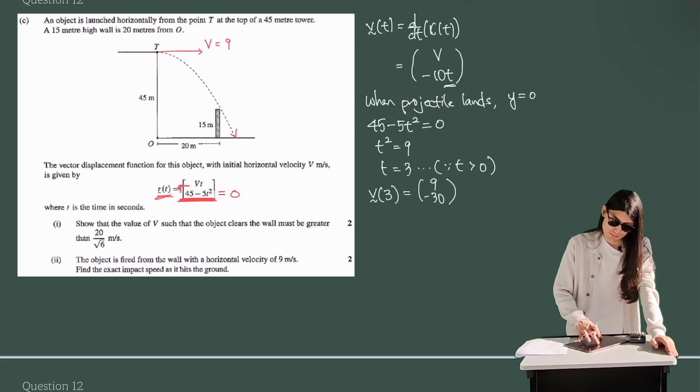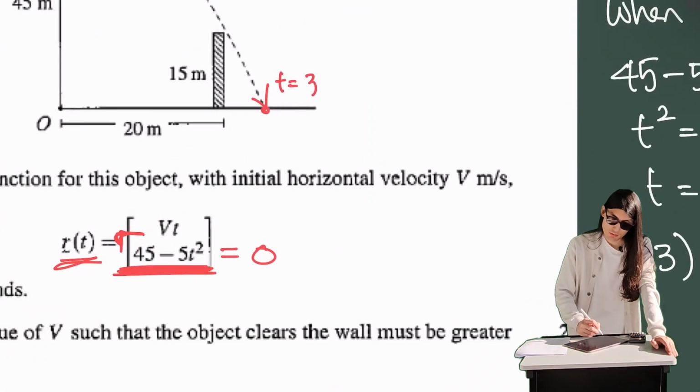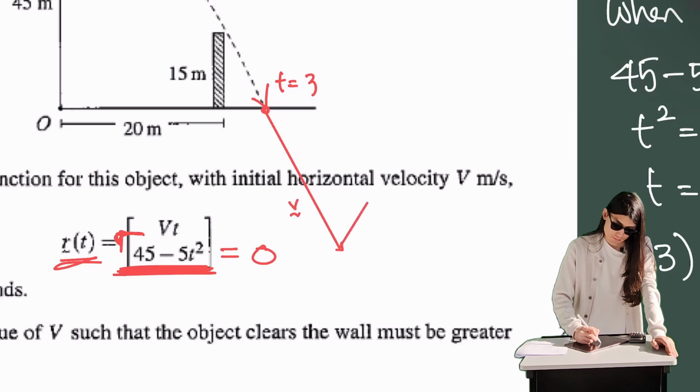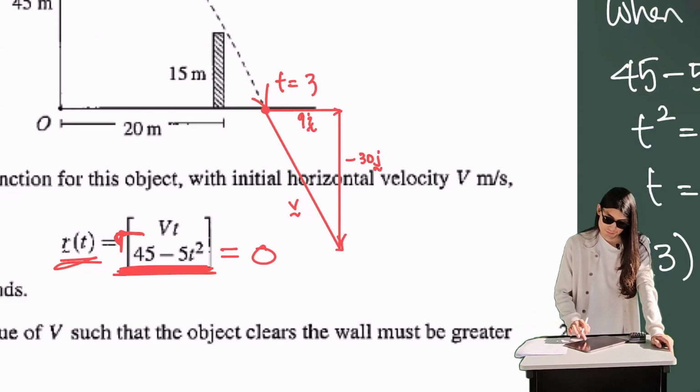It means, guys, at t equals 3, when the particle strikes the ground, its velocity vector looks like this. 9i minus 30j. Okay? That's what it means.